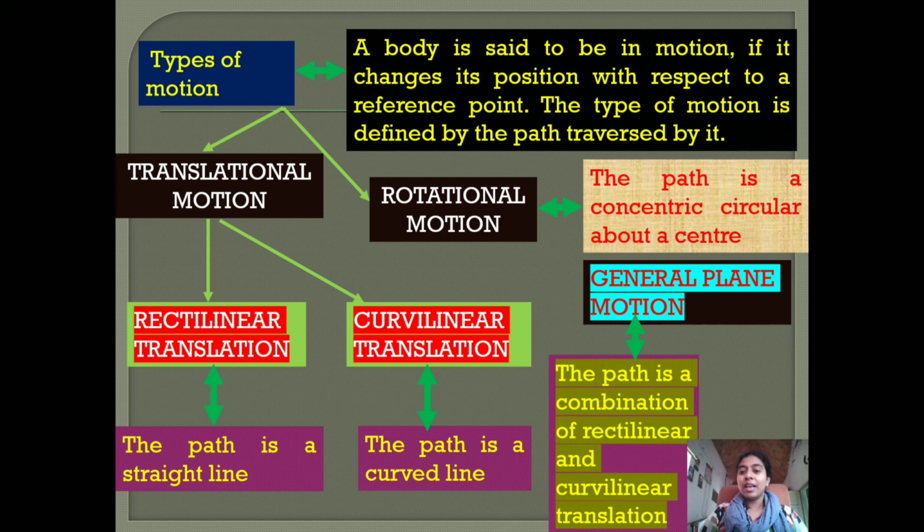Now, the next part of this module 5 is general plane motion. You can see here there is general plane motion. So this general plane motion is the path combined by rectilinear and curvilinear motion. A combination of rectilinear motion and curvilinear motion, we call it general plane motion.